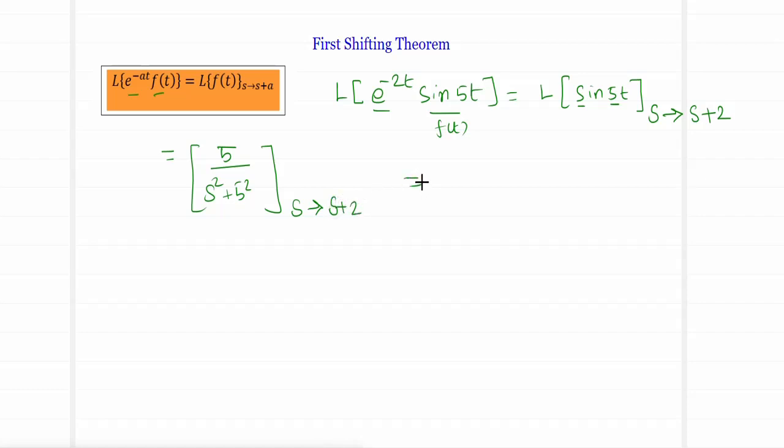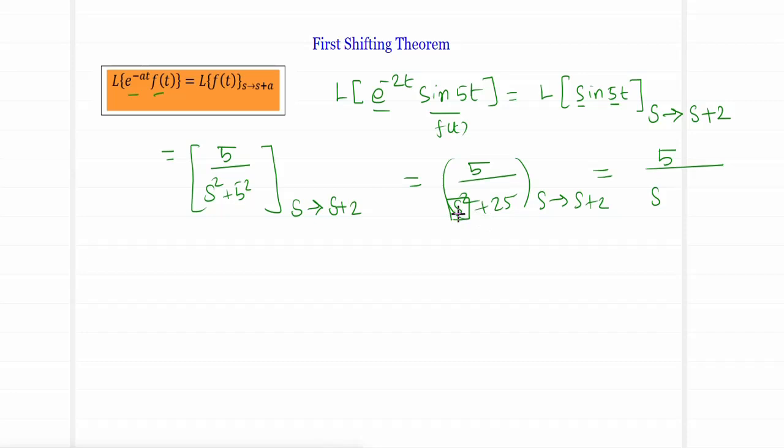So now this gives me 5 divided by s square plus 25 when I expand this with s moving to s plus 2. Hence, it provides me 5 divided by, where do I find an s? Here I find an s.